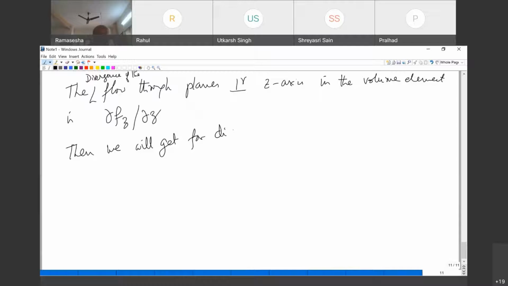For divergence in Cartesian coordinate systems, I can write divergence F is equal to del F by del X plus del F by del Y plus del F by del Z.